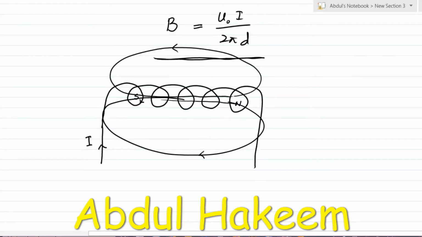Now, the stronger magnetic field is exactly at the middle of the coil, not at the poles, because the strength depends on the gap between two lines. The gap between two lines, smallest will be exactly at the middle.